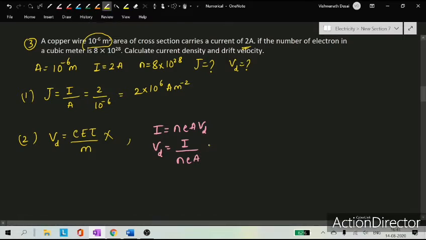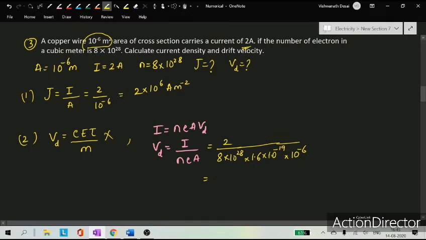Everything is given now, right? So substitute all the values. The I value, which you got, is 2, divided by N, which is 8 into 10 to the power 28, into the value of E, 1.6 into 10 to the power minus 19, and the value of A, which is 10 to the power minus 6. Use the calculator and do it.